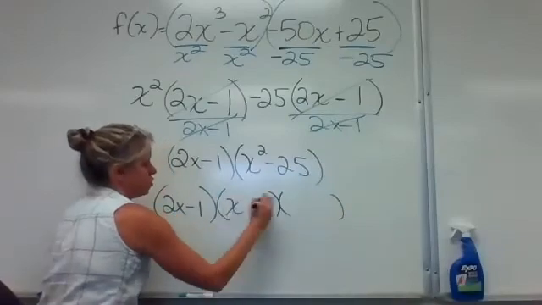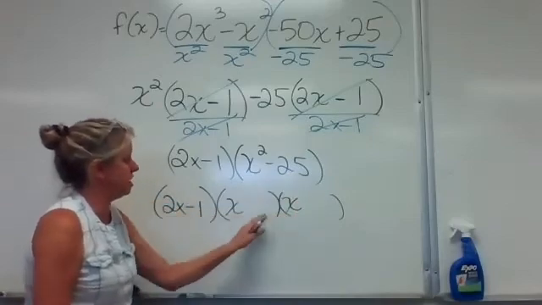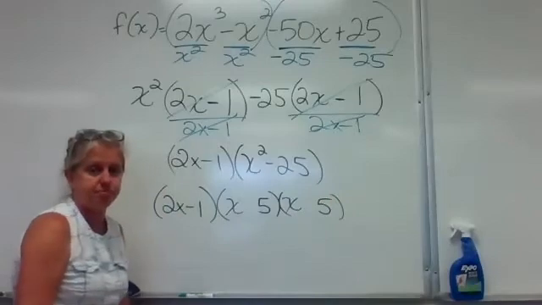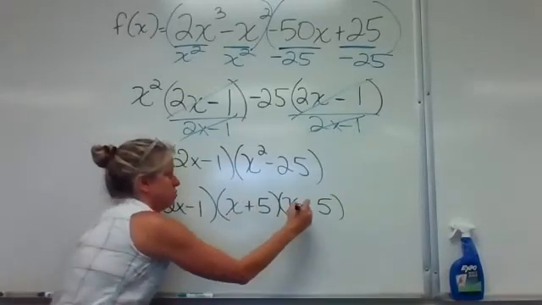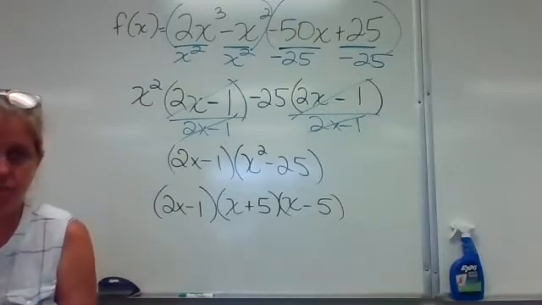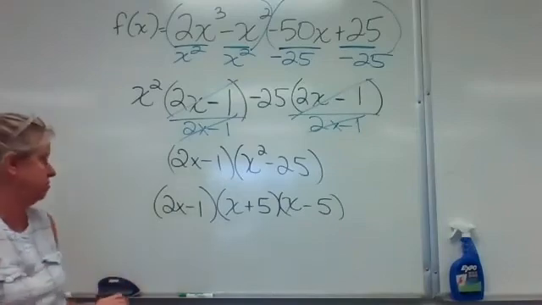X and X for the x squared. The number that's the same that multiplies to get 25 would be 5 and 5. One's a plus and one's a minus. So there's your factors. How do you get from the factor to the 0?